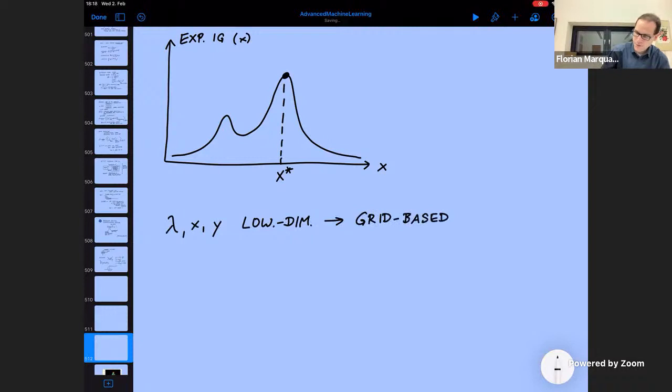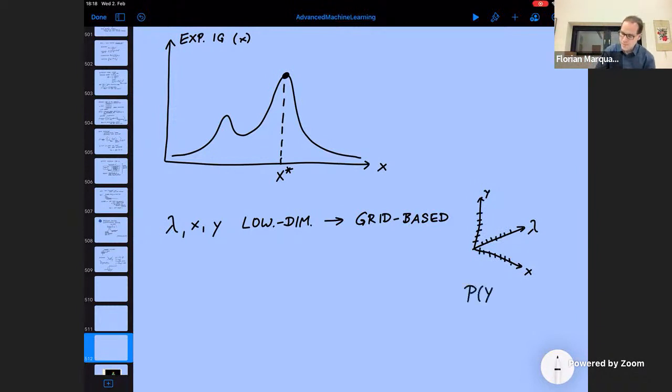So I would have, so to speak, 3 axes. If they are all scalar quantities, I would put a grid here. And even then, I already have, if I want to store something like the model distribution, so the probability of a certain measurement outcome given x and lambda, this will already be a 3-dimensional array. So it has 3 indices, 1 index for lambda, 1 index for x, and 1 index for y.